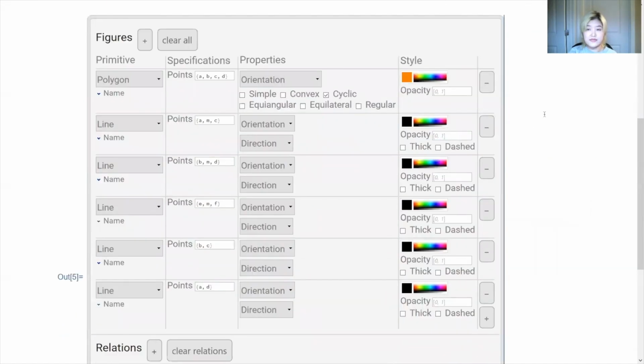So to save us some time, I have already input some of the primitives here. So this first one, you can select the type of the figure, and here input the specific points for the figure. And from the properties, you can select the property.